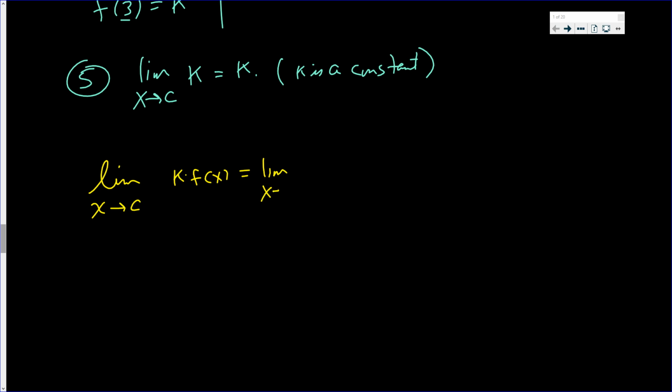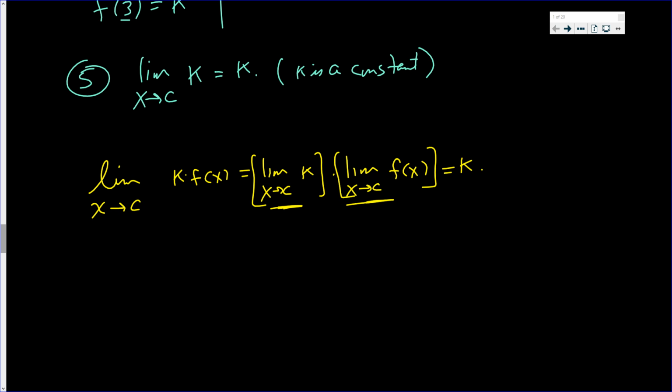So the limit as x goes to c of k times the limit as x goes to c of f of x. Now, the first limit we know, it's k. This limit we don't know, because we don't know what f of x is, we don't know what c is. So the best we can do is say it's this.